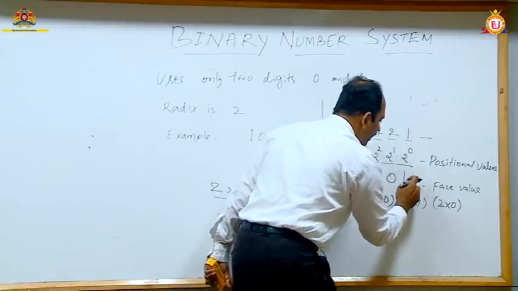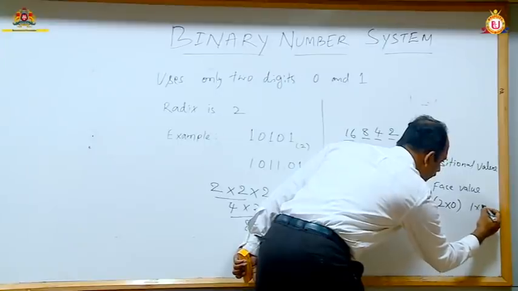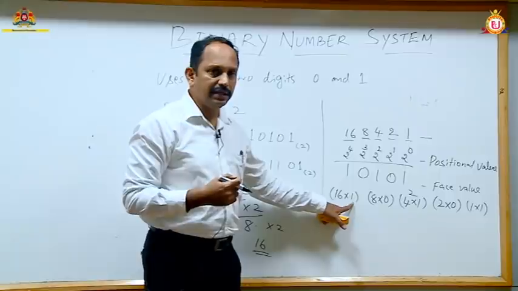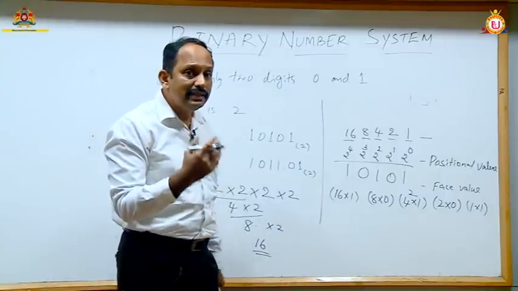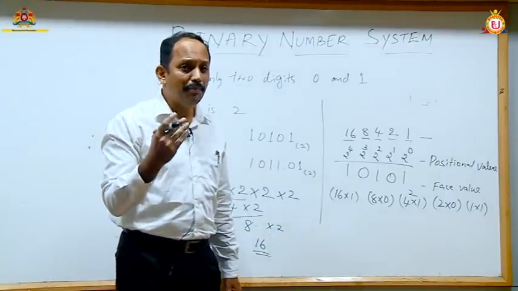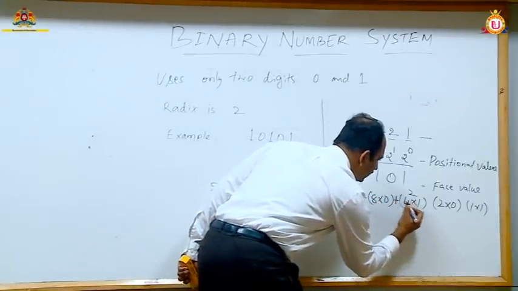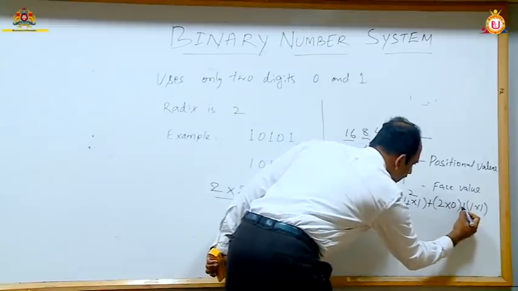And 1 into 1. After multiplying this, what we should do? We should add these numbers to get the final number. Plus, plus, plus, and plus.